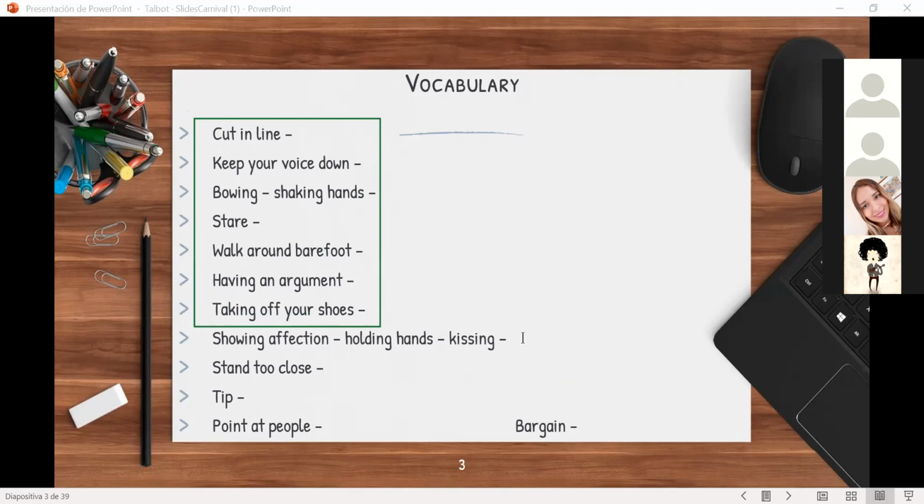While you're working, I'm going to write maybe some examples with the other expressions that we have left. So let's see. Okay. Let's see, showing affection maybe. Two.